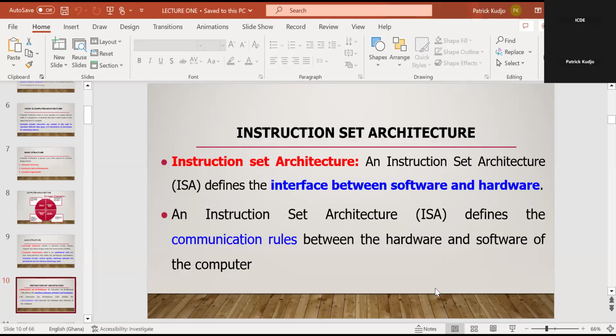You will notice that all the keywords within the content here, I always try to explain. I'll assume that you have forgotten the discussion on software. What is software? A set of instructions.